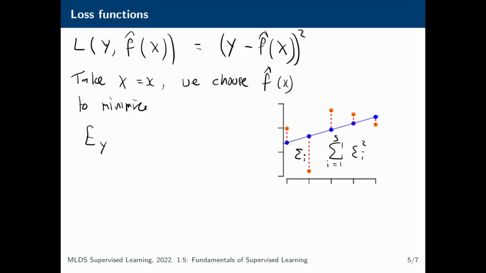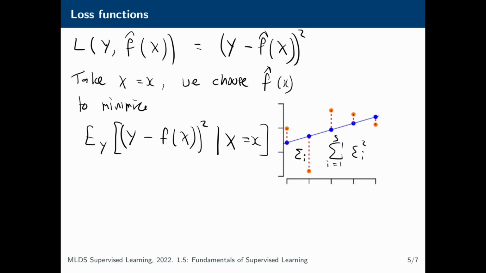So it's going to be minimizing the expectation of (y minus f of x) squared, that's our loss function, conditional on x equals little x. So that's going to be the form that our model, our minimizer, takes.